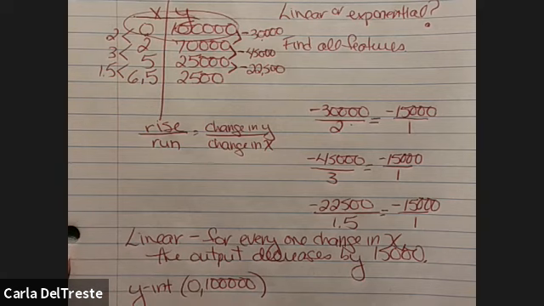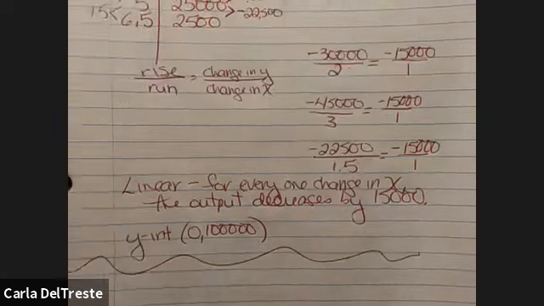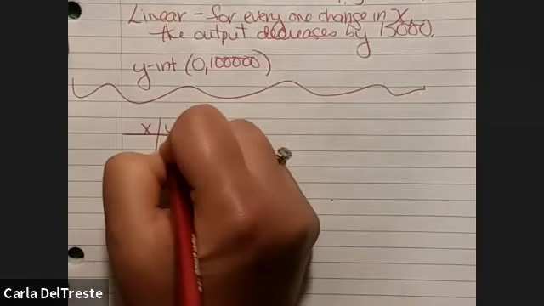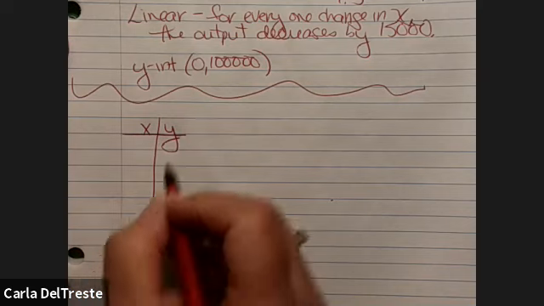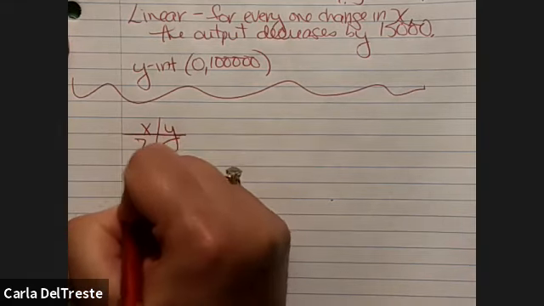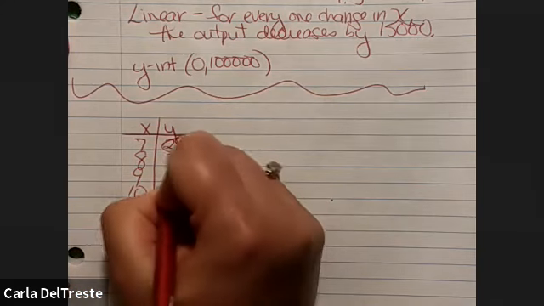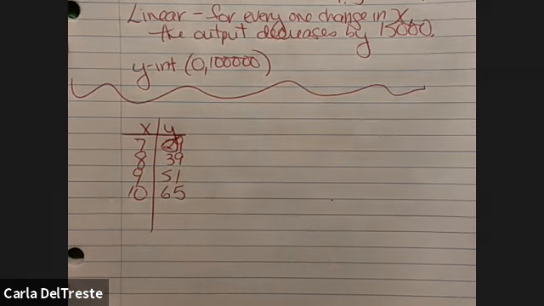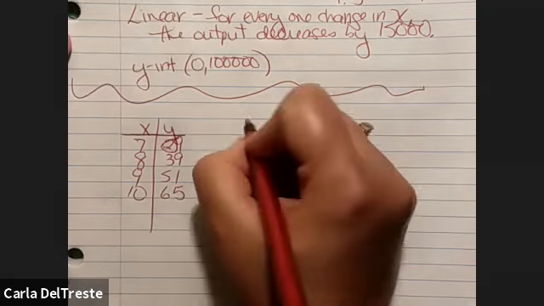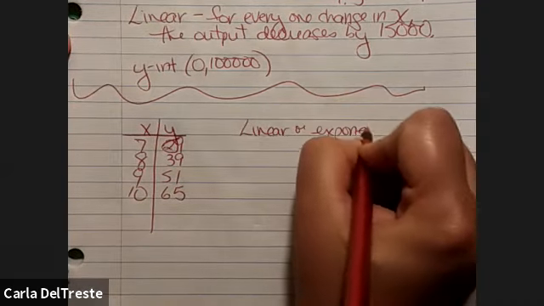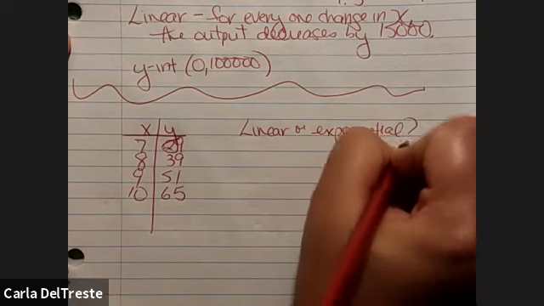Okay, the last one we're going to do for this video is this one. We have our input and output, and we have 7, 8, 9, 10, and we have 29, 39, 51, 65. And it's the same question, linear or exponential. Let's do each test.